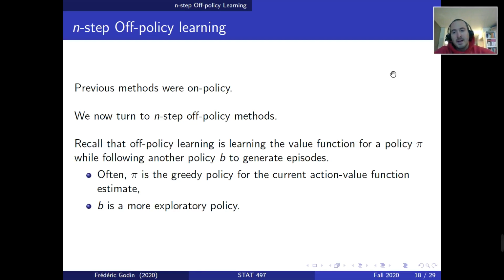Typically, as we discussed before, pi here, which is our target policy, will be a greedy policy with respect to the current action value function estimate.